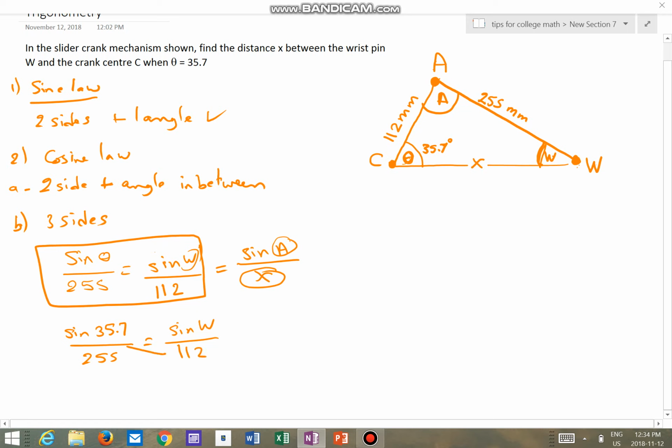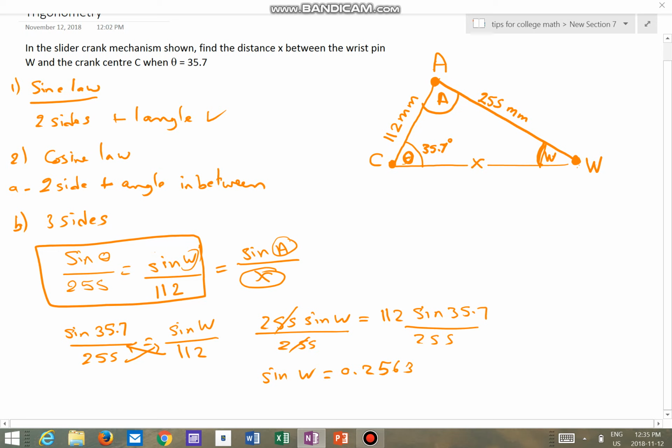If we cross multiply, then 255 sine W should equal the 112 sine 35.7. Divide by 255 both sides. This cancels out. I get sine W, which is 0.2563.